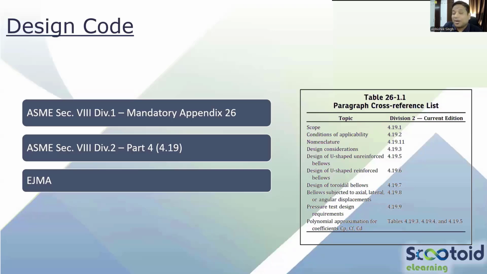But now many clients have started asking for 4.19 also, or Appendix 26. That is also an acceptable method, and it also covers design in quite detail. So you can do that also, but most of the time it will be ASME. 90% of the time you can say that it will be ASME.